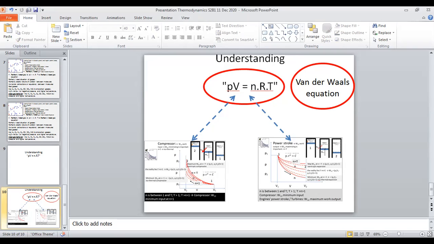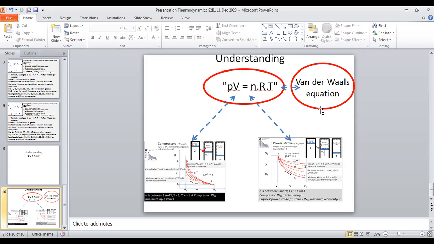So after understanding PV equals nRT, you can learn about van der Waals equation as well. And then you can see the connectivity of these two. Okay, connectivity of these two.